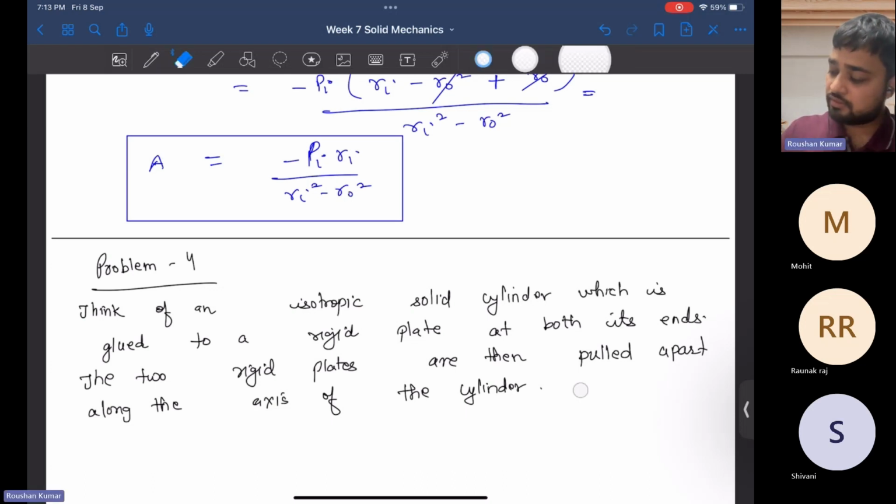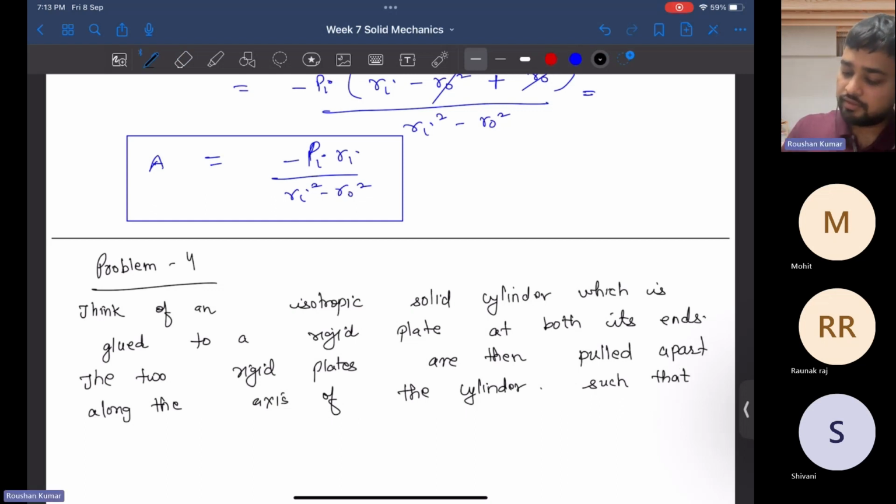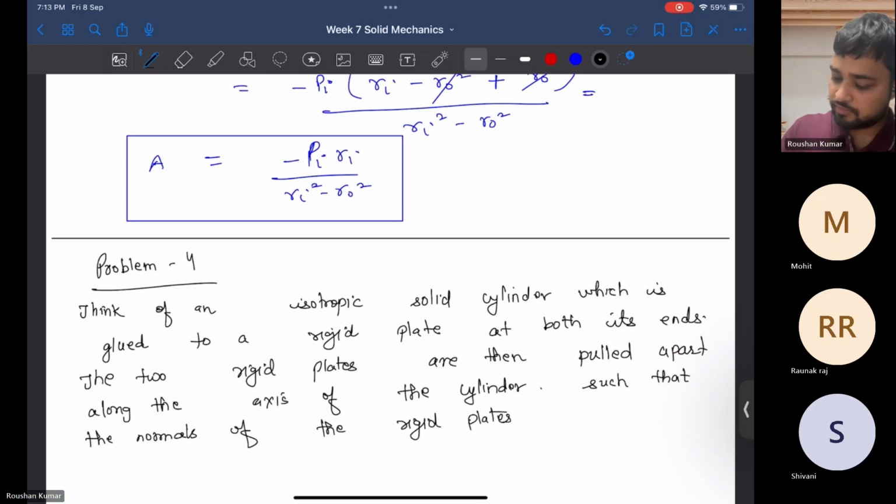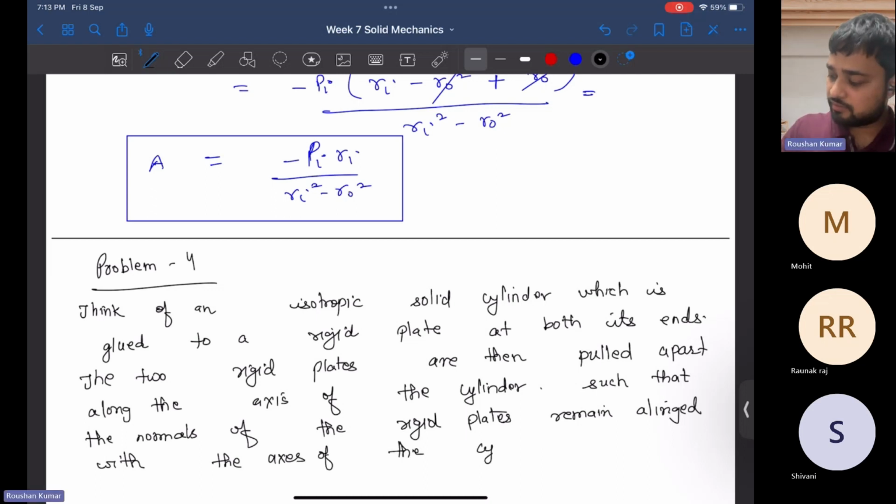Such that the normals of the rigid plates remain aligned with the axis of the cylinder.